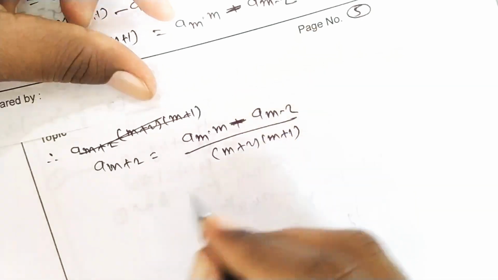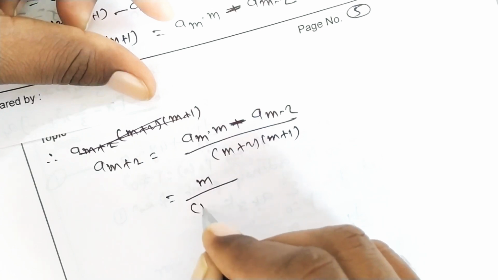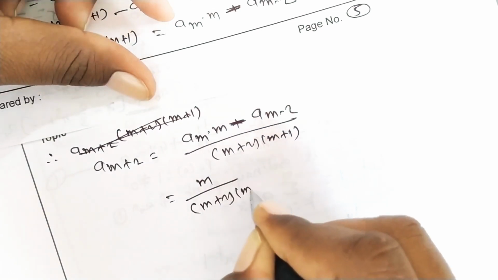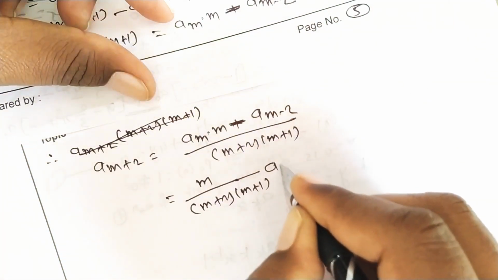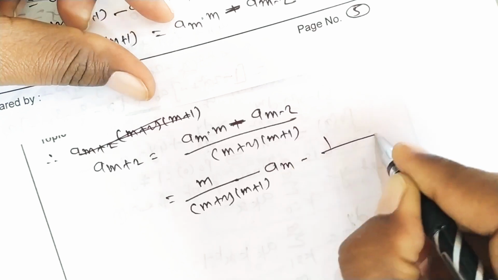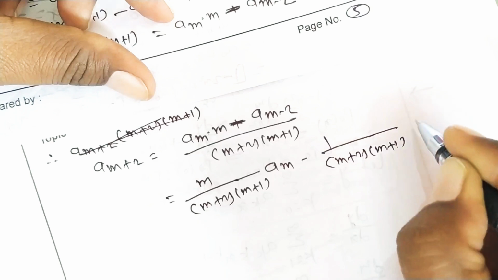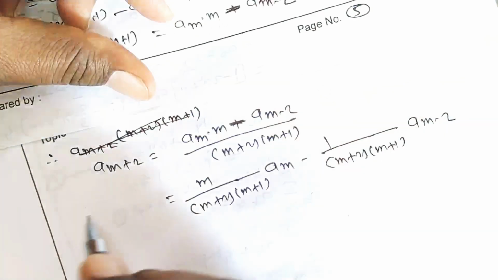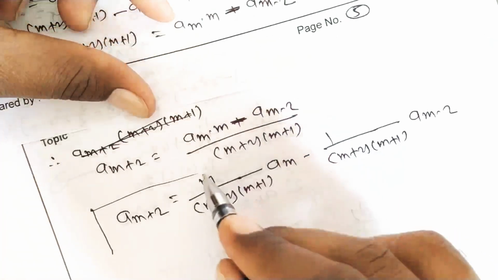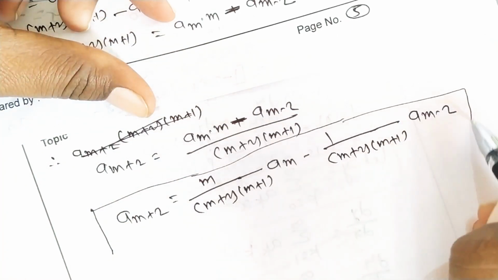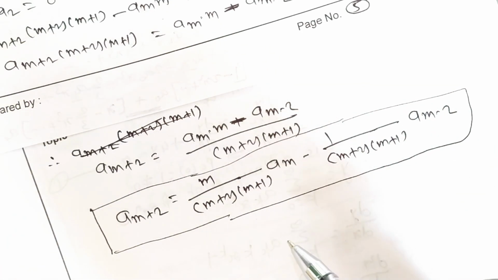So if we separate the numerator here, then this can be written as m upon (m+2) into (m+1) into a(m), minus 1 upon (m+2) into (m+1) into a(m-2), and LHS is a(m+2). So this is the recurrence relation, that is a(m+2) in terms of a(m) and a(m-2). Now using this recurrence relation we have to find another constant.